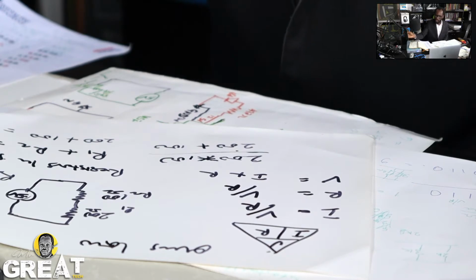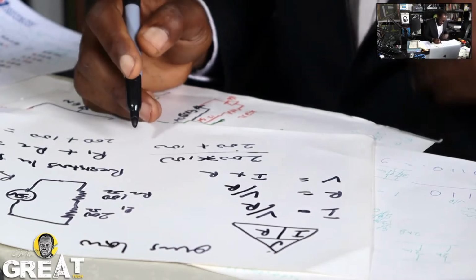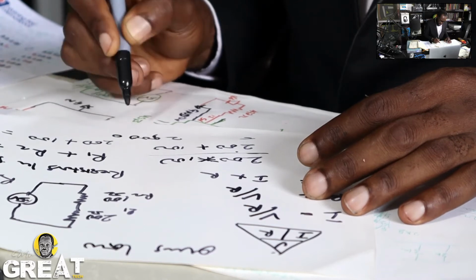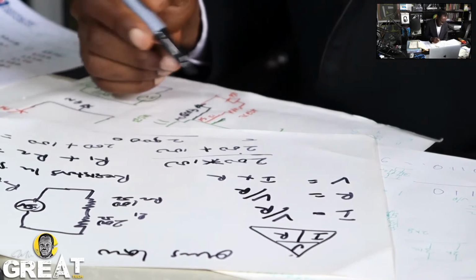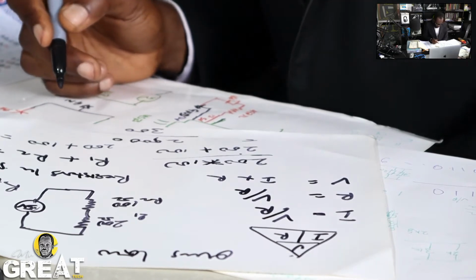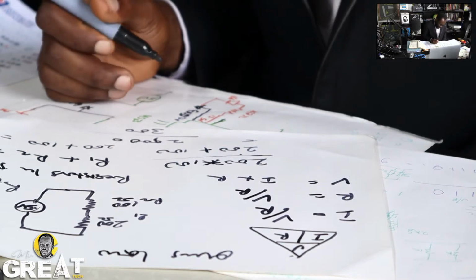So that is it. Now 200 times 100 gives you 20,000, over 200 plus 100, which is 300.